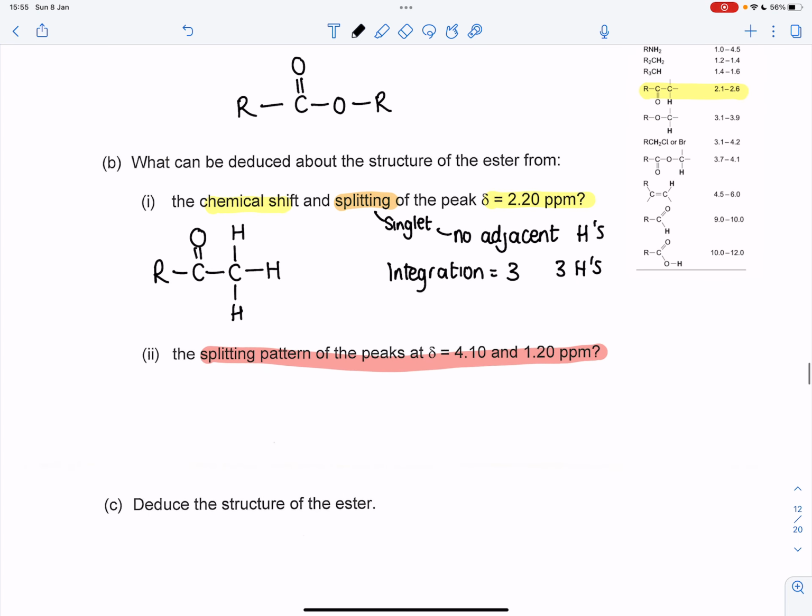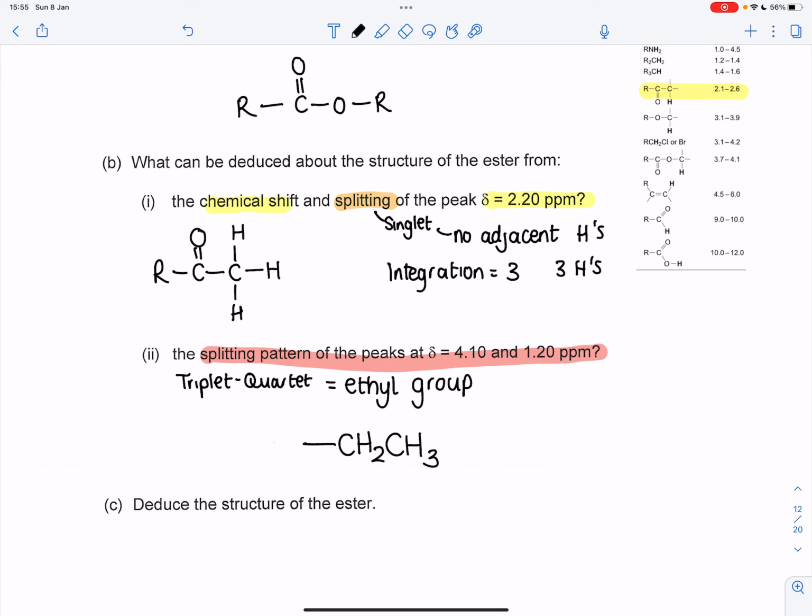So if we've got a triplet quartet, that is a common pattern that we have to watch out for. And a triplet quartet tells us that we've got an ethyl group. So we know that these peaks are due to an ethyl group.